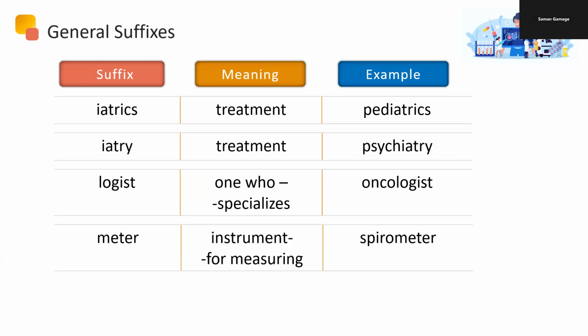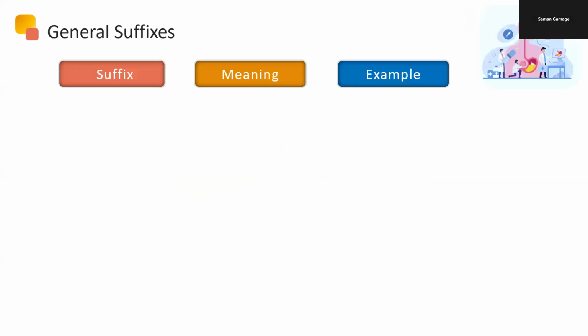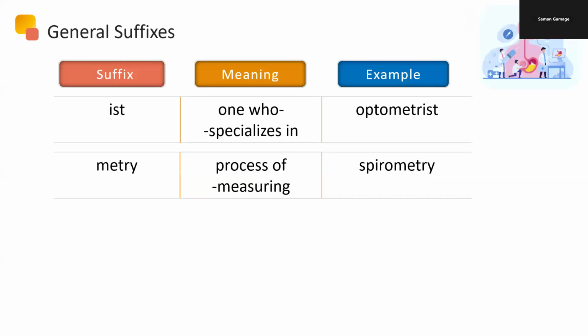Meter is the instrument used for measuring. Spirometer is the instrument used to measure respiration, inspiration and expiration. Some more suffixes. Ist means one who specializes in.